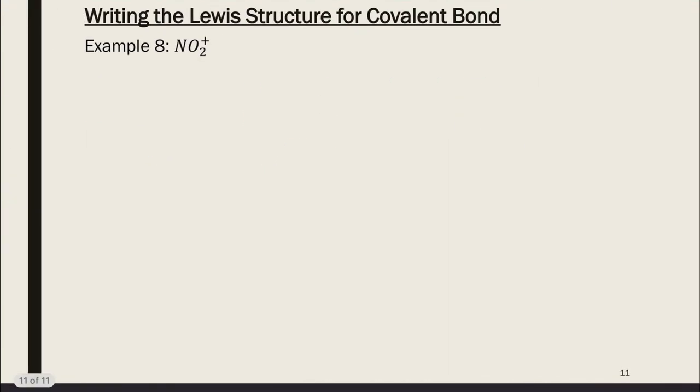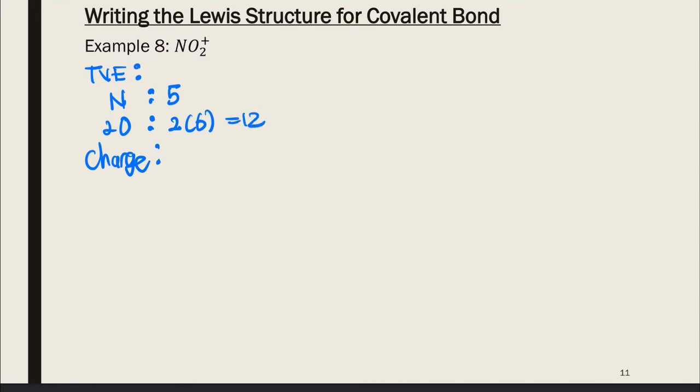Next for the last example, example 8. Okay, so kita kira total valence electron dulu bagi ion NO2+. So the total valence electron, sebab dia ada charge di sana dan kamu tengok betul-betul charge itu adalah positif. So bila dia charge positif, maksudnya the electron is being removed.